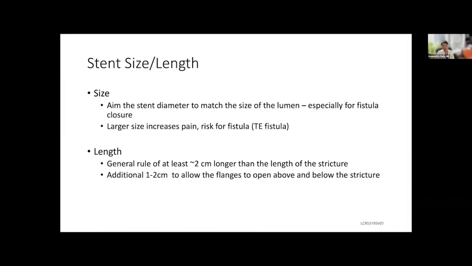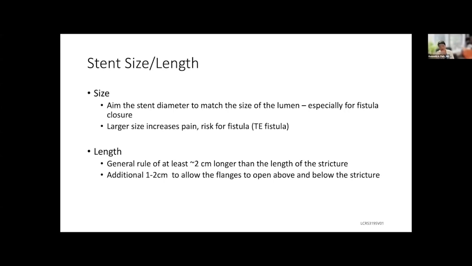In terms of stent size and length, the worst thing you can do is place a very large stent. A stent that is too big may not be tolerated by the patient, may increase pain, may increase perforations, and may increase the risk of fistula development. So you want to match the stent diameter to the size of the lumen, and not bigger than that.